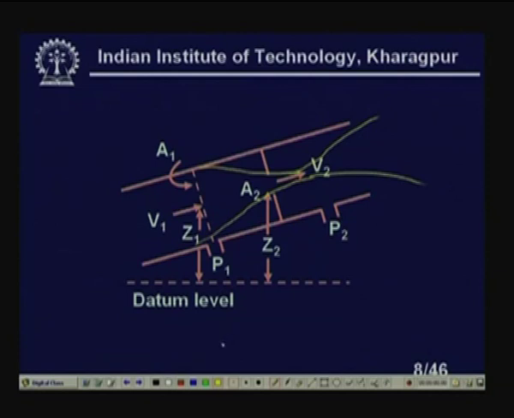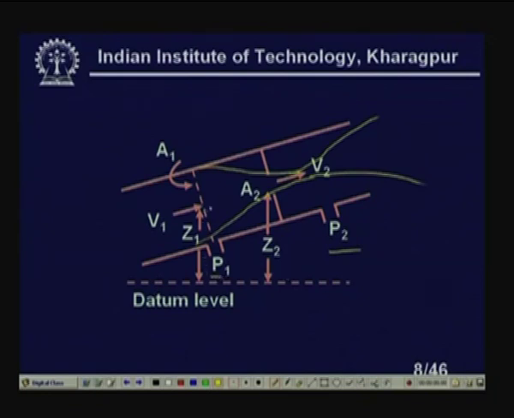Clear? Now, the area of cross section upstream we are taking as A1, and the area of cross section of the restriction or constriction is A2. P1 is the upstream pressure tap, and P2 is the downstream pressure tap.